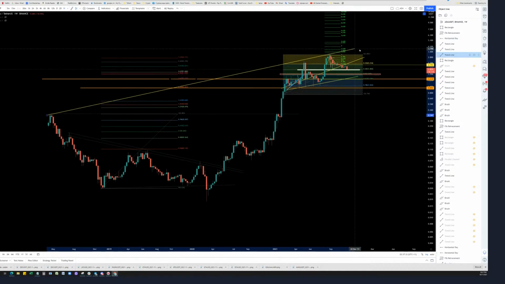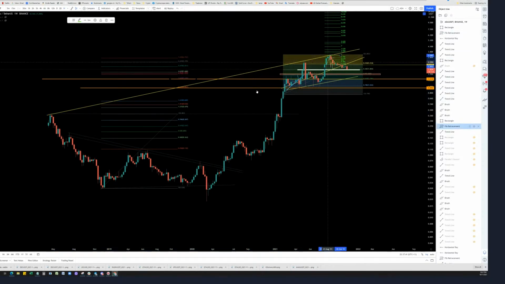That was definitely a rejection level, 100%, just on this macro trend line. So it's very important to have history as well. And so we got that rejection. Now the question is, is that a channel? Is that going to be the bottom of the channel? So let's try that out.